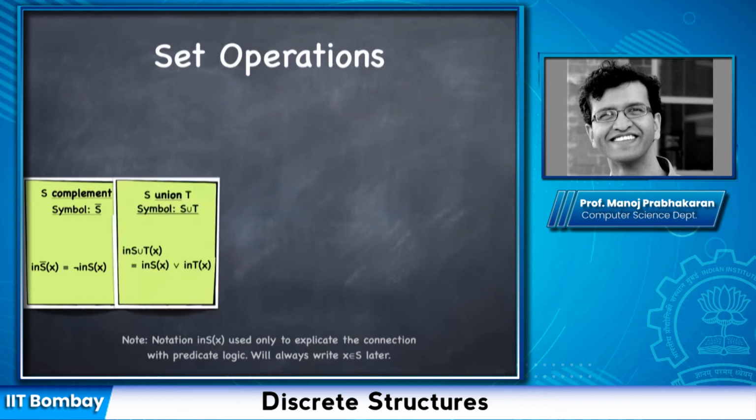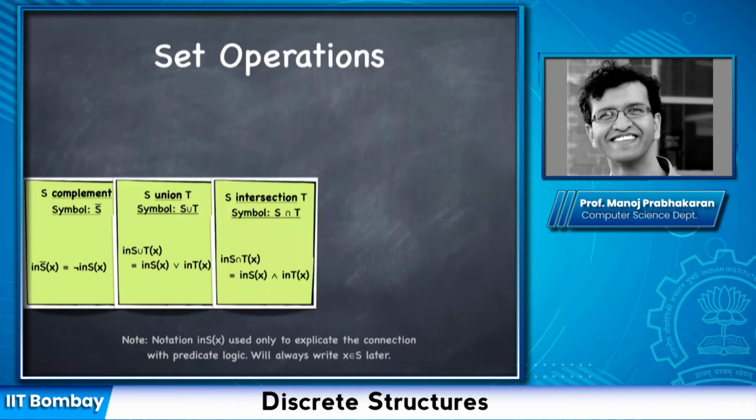Okay. How about union? So S union T, the membership predicate for that translates to, X is in S union T if X is in S or X is in T. So it is simply the disjunction, or the OR operation, applied to in S X and in T X, using the membership predicates of S and T. Similarly, intersection is the conjunction.